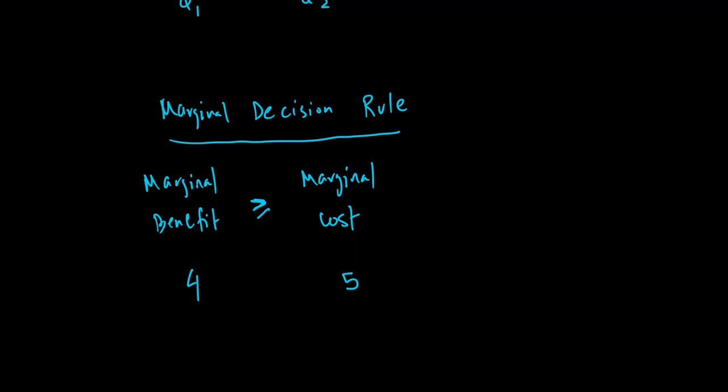The answer is they should not, because it will not be beneficial for them to make the road. So that's what we call the marginal decision. We weigh our cost and we weigh our benefit, and as long as the extra cost is less than or equal to the extra benefit, we will end up doing an activity.